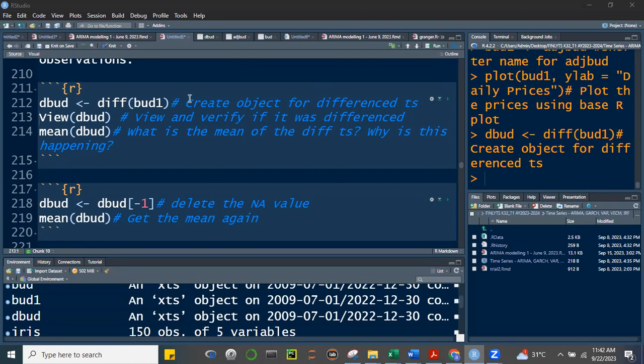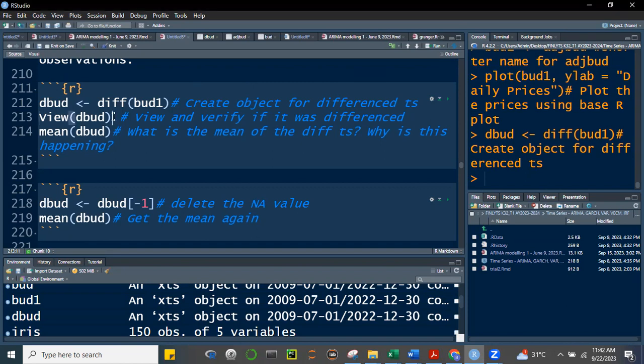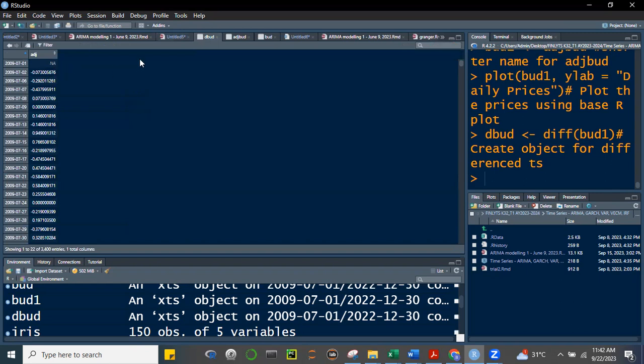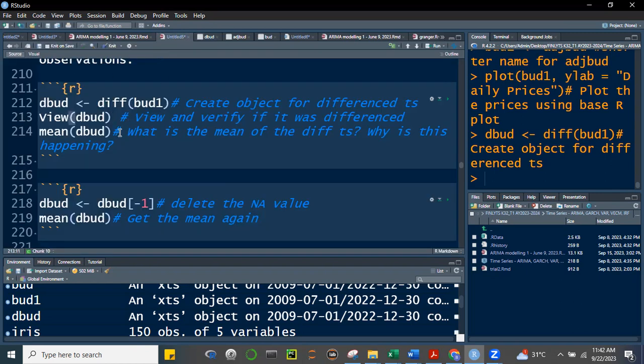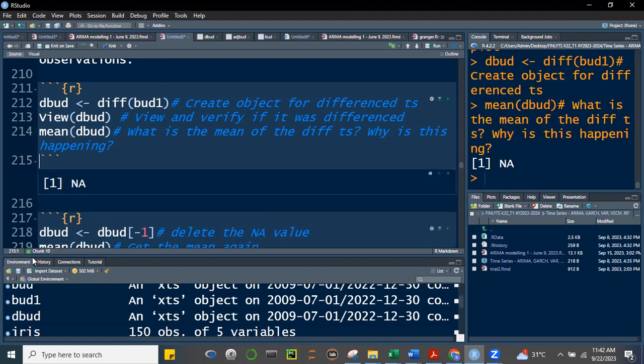First, Adi's question. We were here, right? We created this object called dbud, and dbud contains an NA value. The first item here is NA. So when I ask you to get the mean of this, it will generate an NA result.